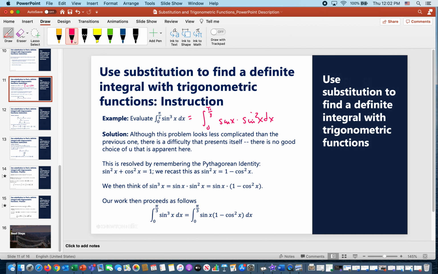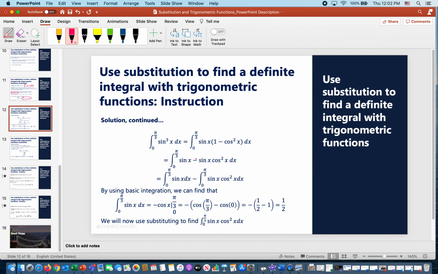So from your trig identities, right, there, you see this guy, sine squared plus cosine squared equals 1. I can kind of manipulate that and get sine squared equals 1 minus cosine squared, okay? The reason I want to do that is because now I can create an integral that's much easier to work with. So I have the integral from 0 to power 3 of sine times 1 minus cosine squared.